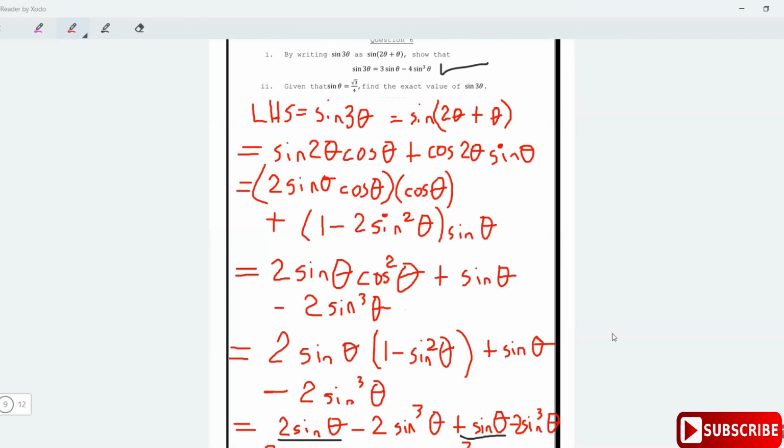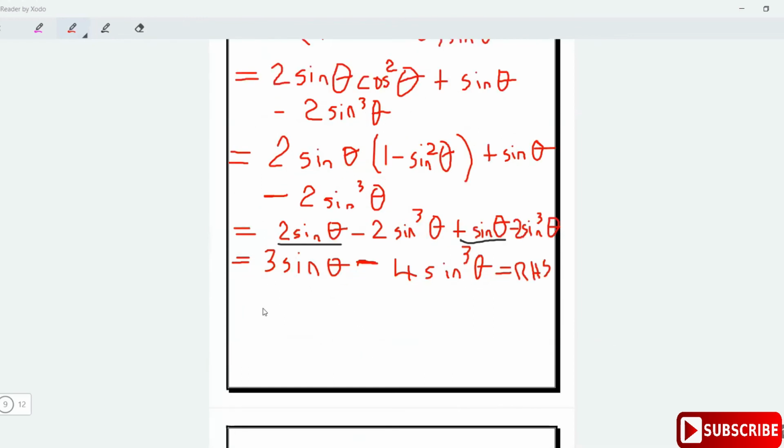So all you're going to need to use for part B is that sine 3 theta is 3 sine theta minus 4 sine cube theta. Or you can write it this way as minus 4 times the sine of theta, all being cubed.